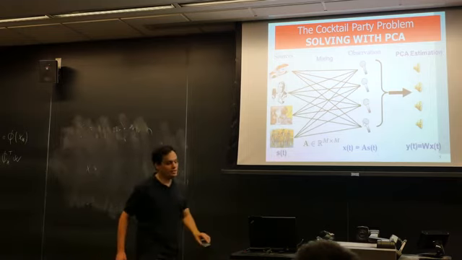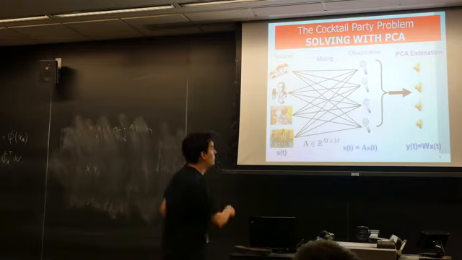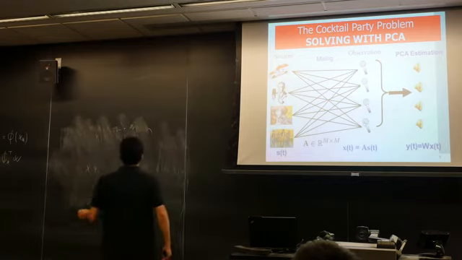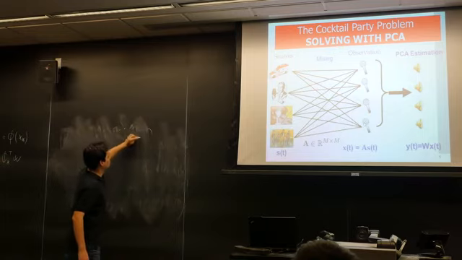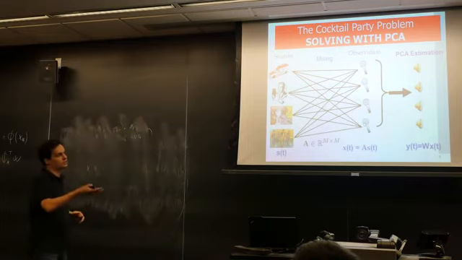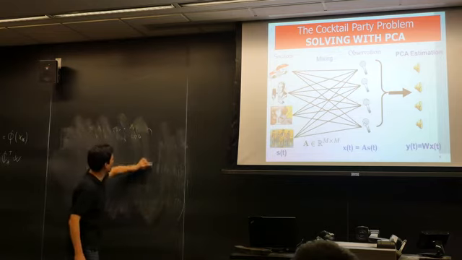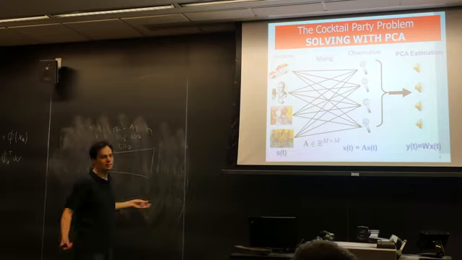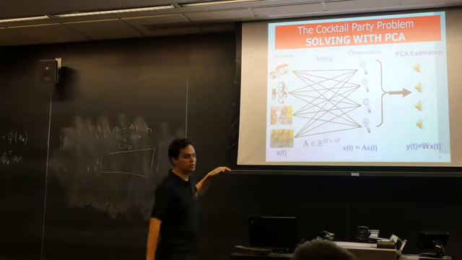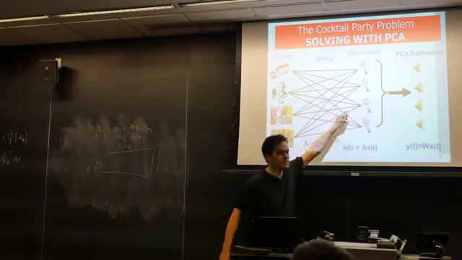Let's say that each signal is sampled, that I have 500 long time series, okay? And then my input is a 4 times 500 matrix. Each row is a recording from these microphones.